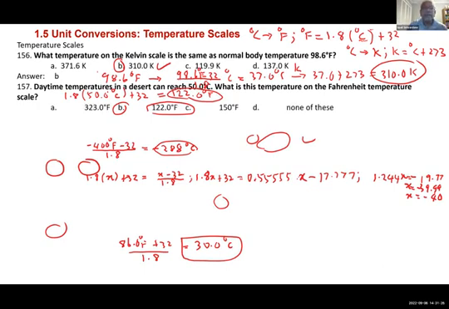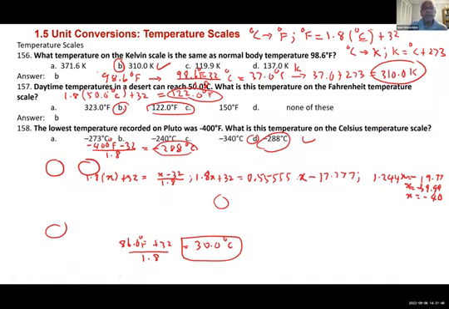So this question is 50 Celsius converted to Fahrenheit. You start with this formula, 1.8 times 50.0 plus 32 is 122. You got the answer. So all are similar problems.